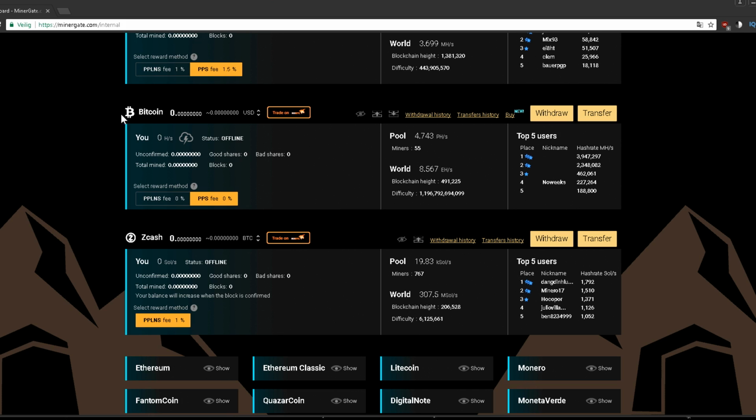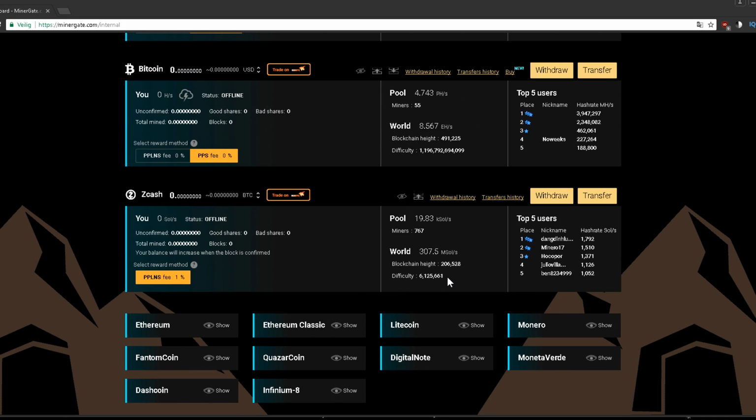And as you can see, the difference between Bitcoin difficulty and Zcash difficulty is a lot. I'd say Bitcoin difficulty is thousands of times more difficult than the Zcash currency.